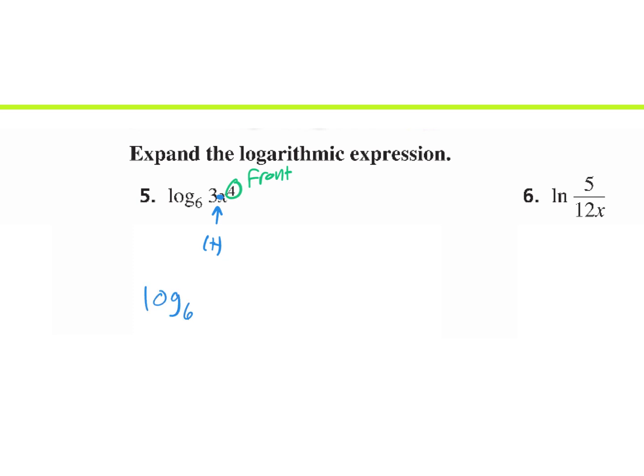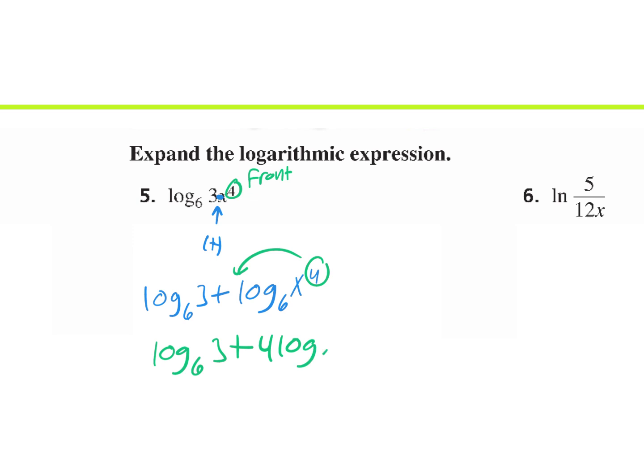So I would get log base 6 of 3 plus log base 6 of x to the 4th. And then to the 4th power, this 4 can go out front of my log base 6 of x, and then it's going to become log base 6 of 3 plus 4 log base 6 of x. And there's your fully expanded expression.